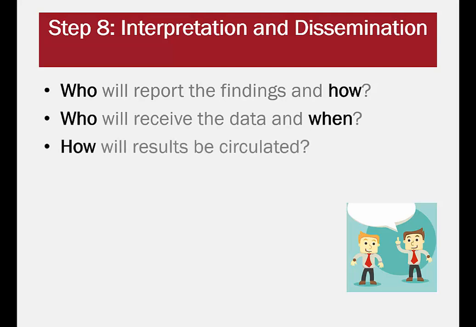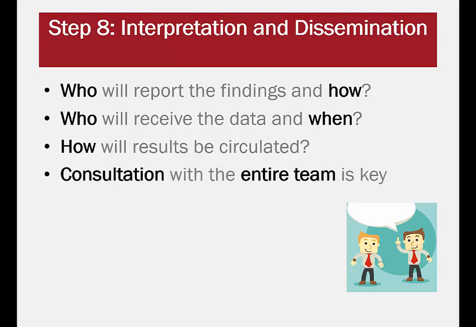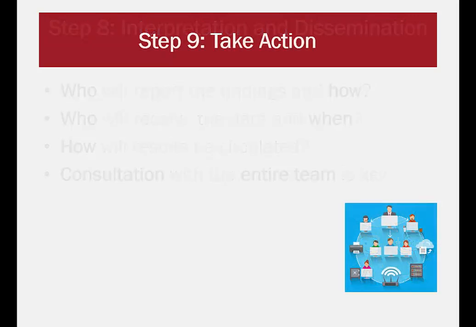How will the results be circulated? These questions should be answered in consultation with your entire team, particularly with the stakeholders and knowledge users. This will help you to design a dissemination plan that is applicable and useful.